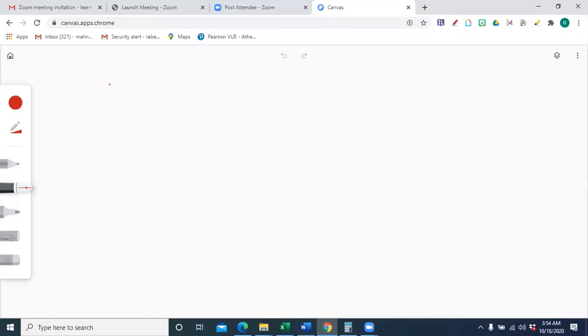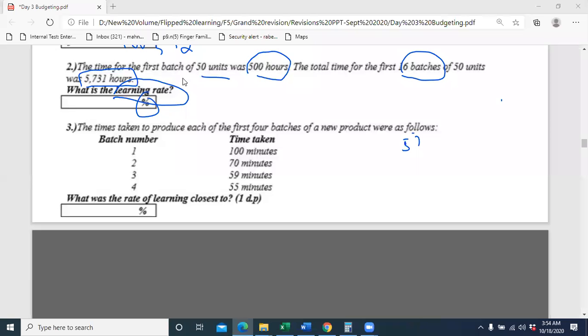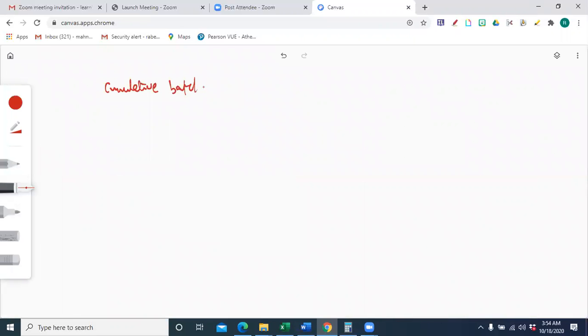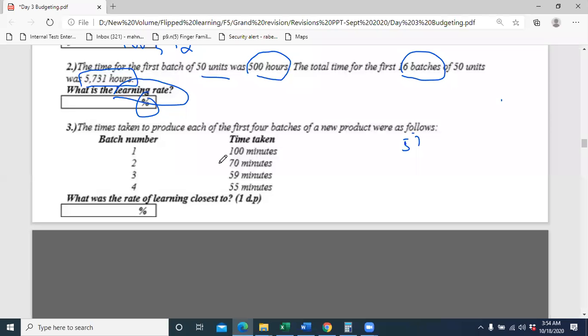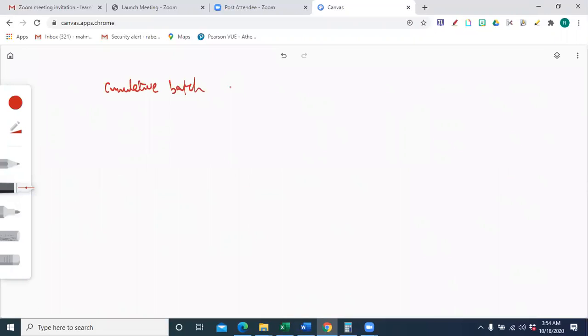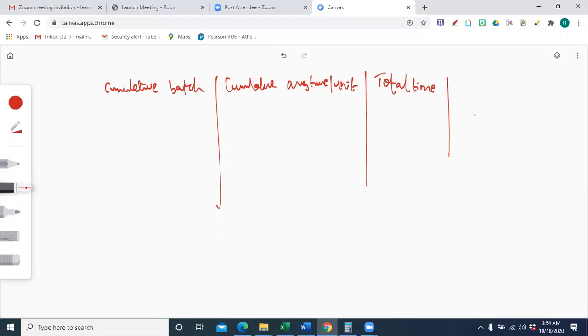Yeah, the same. Let me make the format again. The same cumulative batches. And here I'm going to follow the cumulative thing, right? Though you're given only the time taken for the first 4 batches, and then here it's going to be cumulative average time per unit, and then total time.